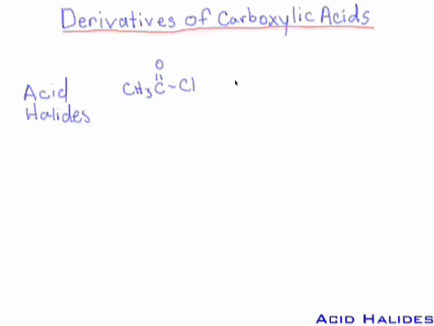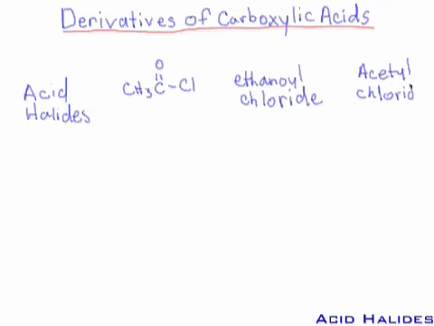Its IUPAC name is ethanoyl chloride. Two words. And its common name is acetyl chloride. Now we'll look more closely at the derivation of these names. Consider the nomenclature at this point as just examples.